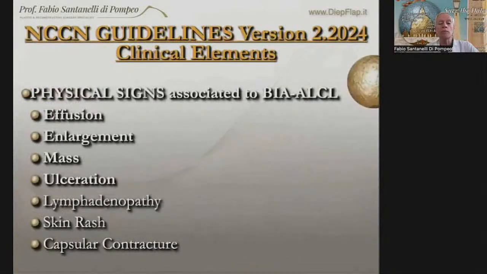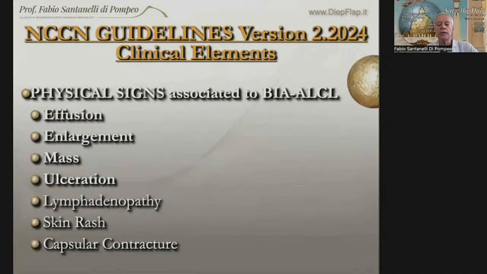The National Comprehensive Cancer Network guidelines, which were updated in 2024, include as main signs associated with BIA-ALCL the presence of an effusion, the seroma, the enlargement of the breast, the presence of a mass, and sometimes, in advanced stages, an ulceration, but also others like lymphadenopathy, skin rashes, and capsular contracture.